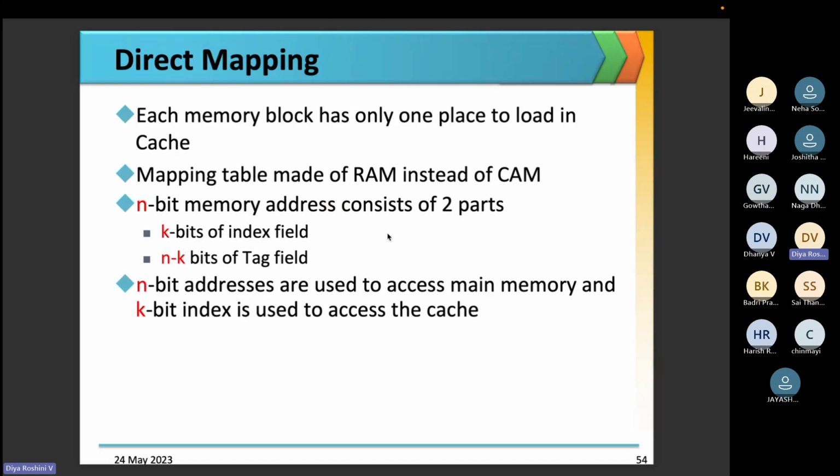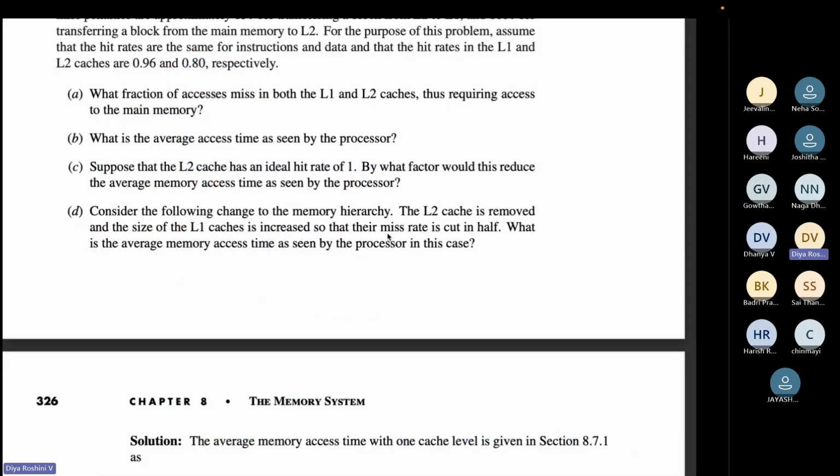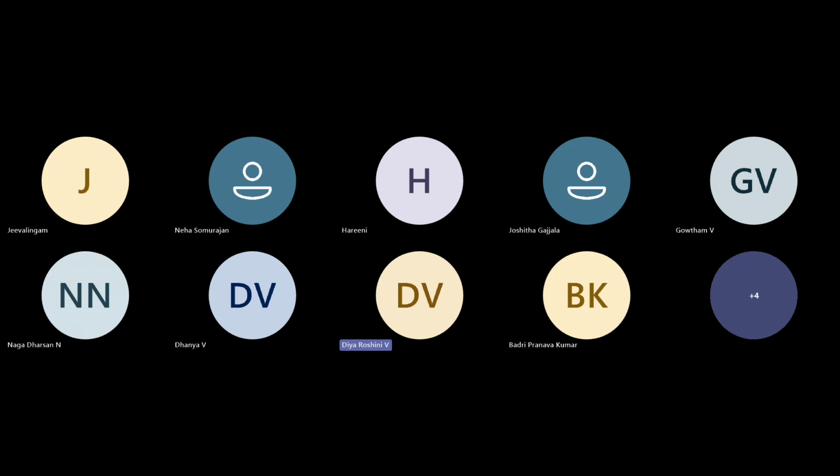So first of all, what is mapping? Wait just a minute. Is this clear, guys? Is all of this clear as of now? Anything I have to repeat as of now? Okay, so we will proceed with the next things.